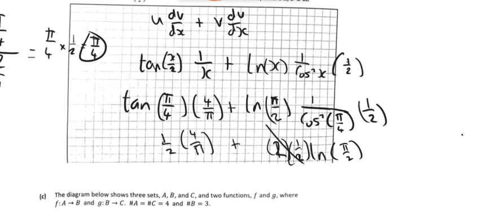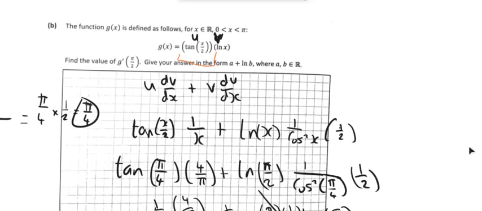So you're left with the 4 and the 2 will cancel, so you end up with 2 over pi plus ln pi over 2, and you can't go any further than that. Then that should be in the form that they wanted it in.